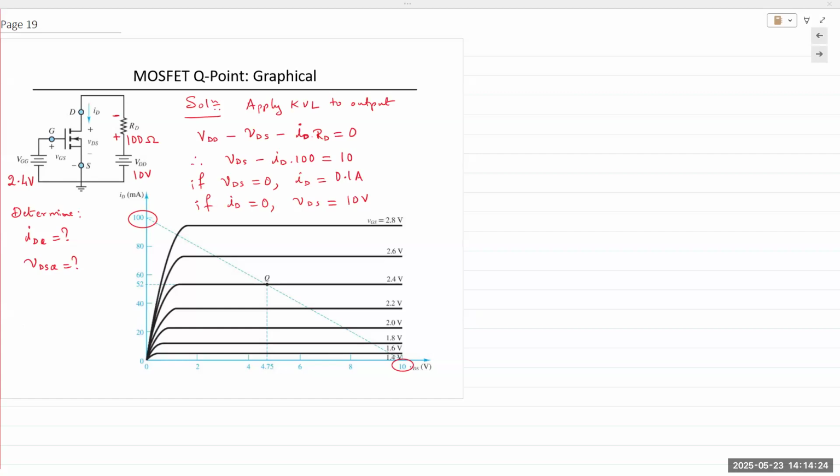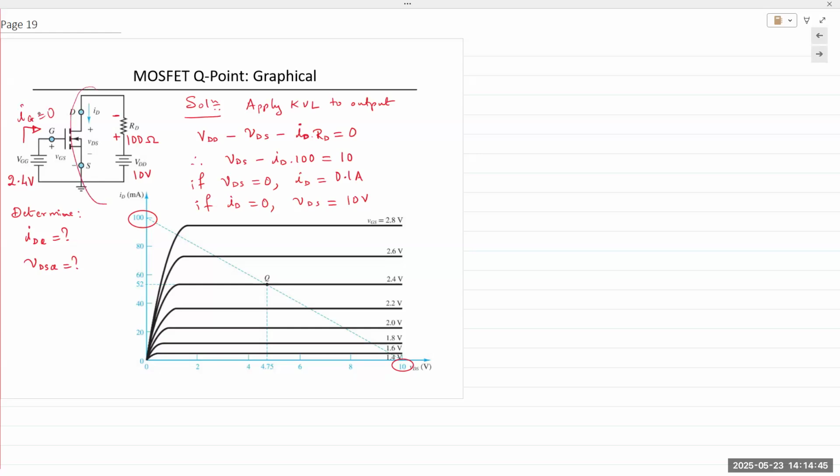Because the gate is isolated, there is no current that actually flows into it. And so on the input side in a BJT, we'd have the base current IB. In a MOSFET, we do not have to worry about that. So we simply apply KVL on the output side.